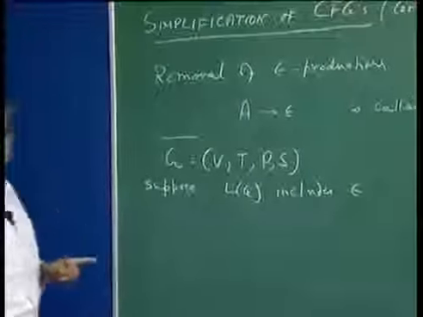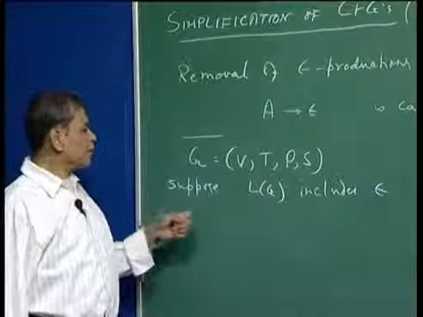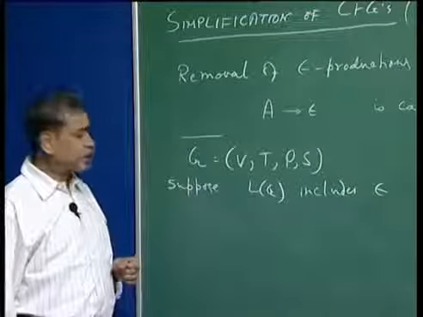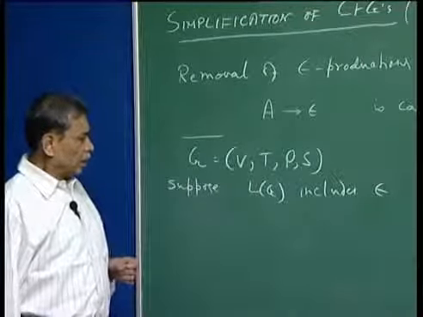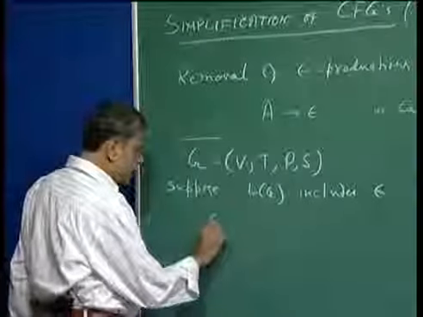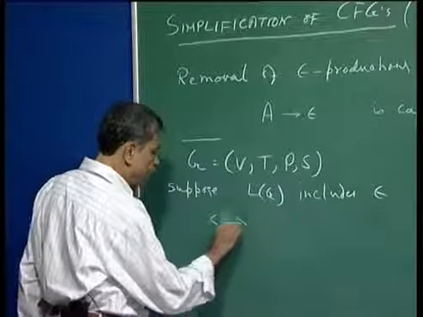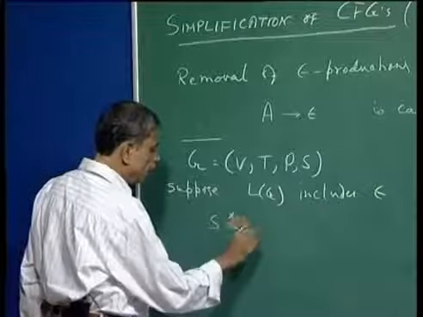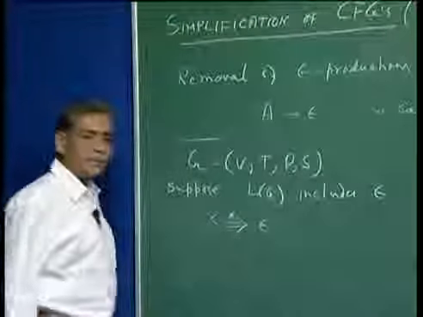That means the empty string is in the language generated by the grammar G. Now, that really means that from S we will derive the empty string epsilon.